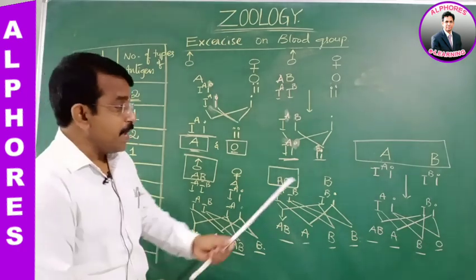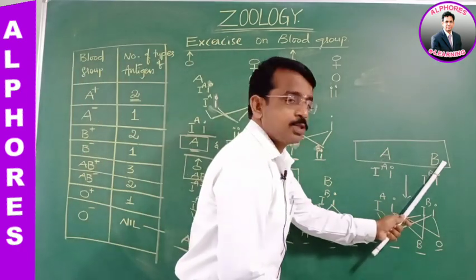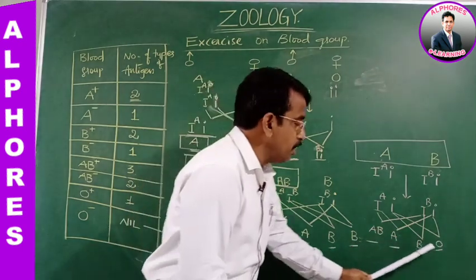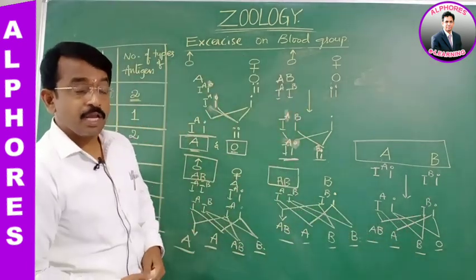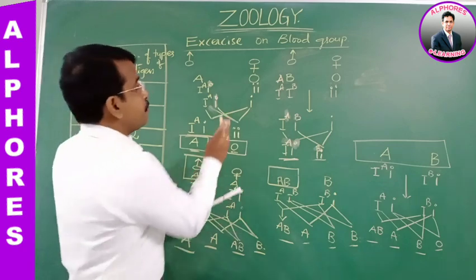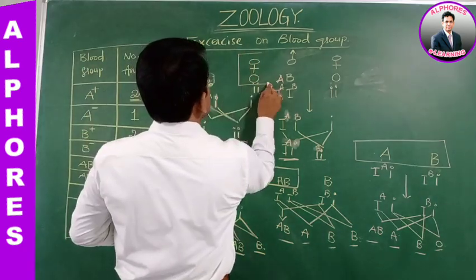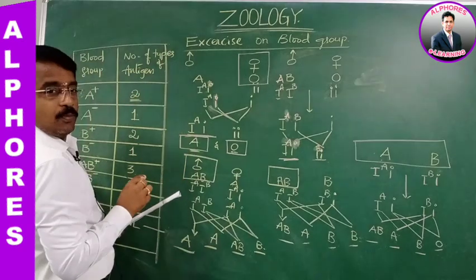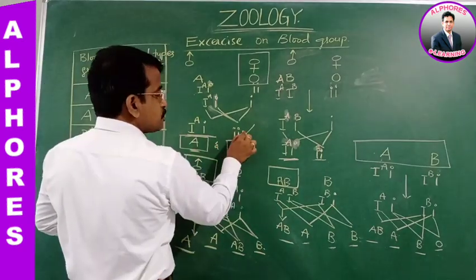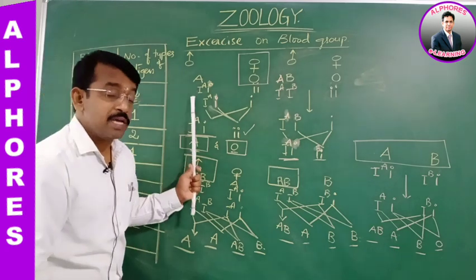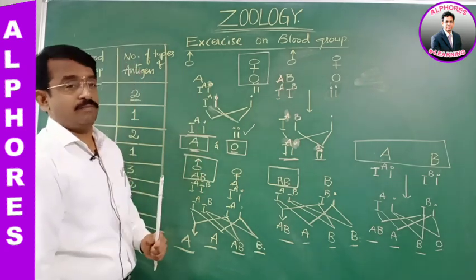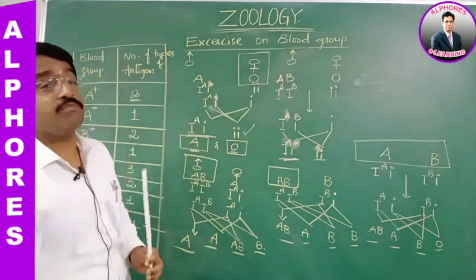Next, if the parents are with A and B heterozygous, all possible blood groups are possible. Which means if one of the parents is O blood group, the progeny have a chance of O. Is it always right? No. This is what I am saying.